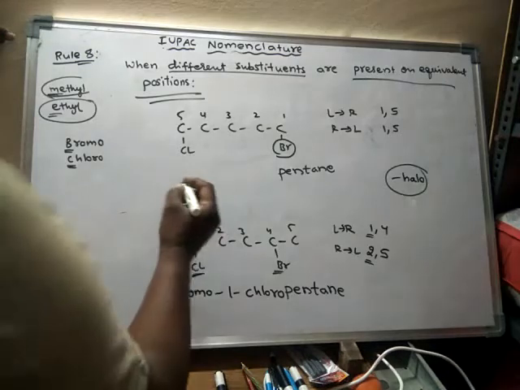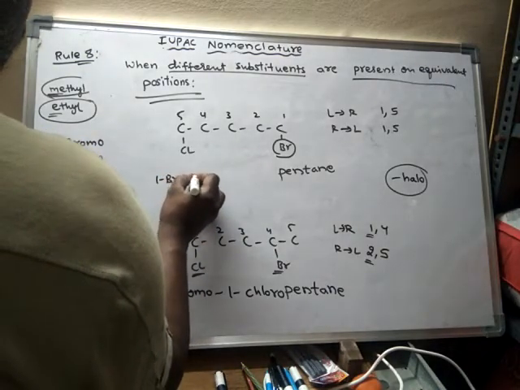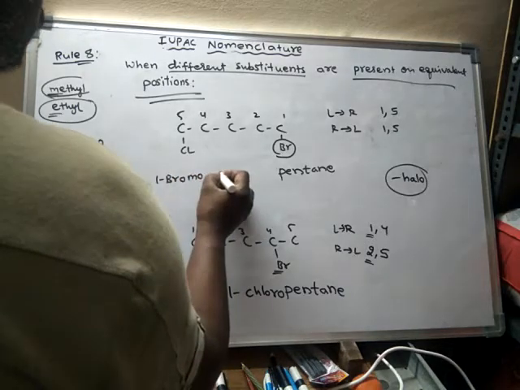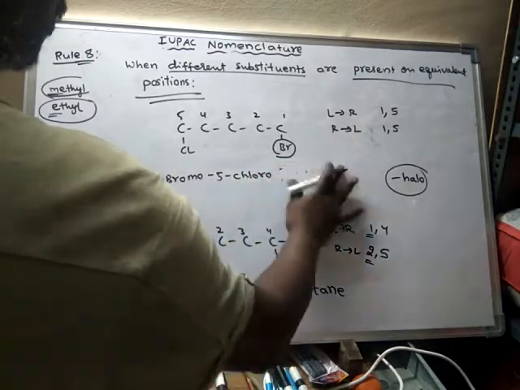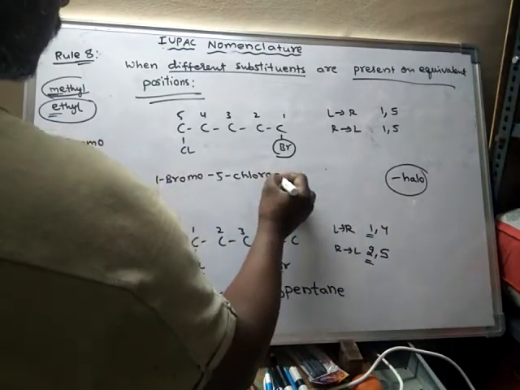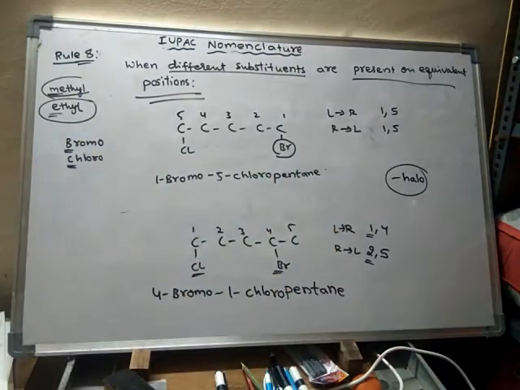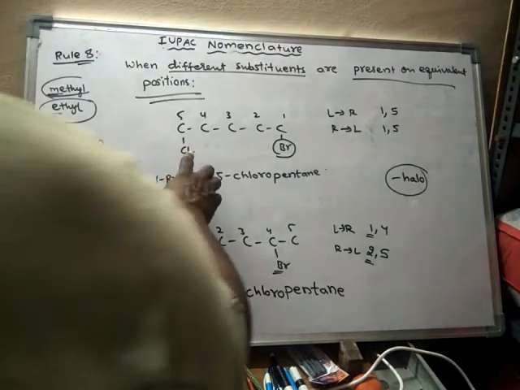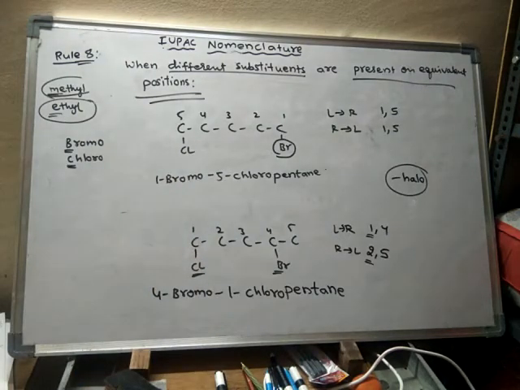So here it is 1-bromo-5-chloropentane. In this way, we have to give numbering when different substituents are present in similar positions.